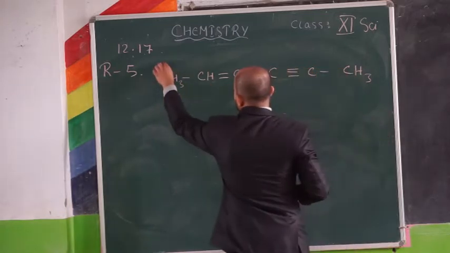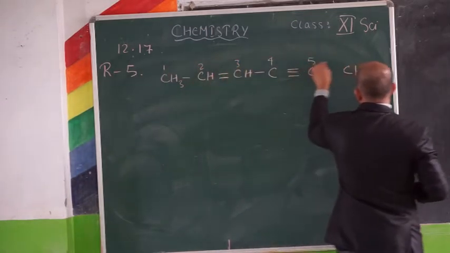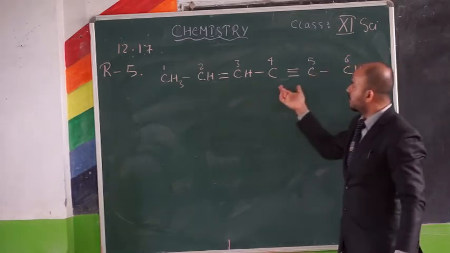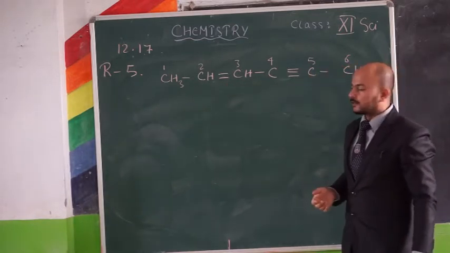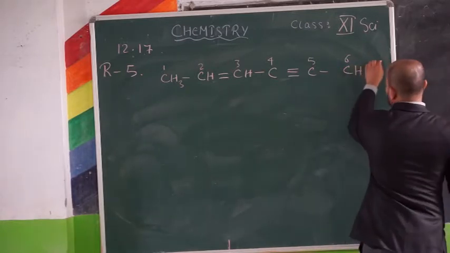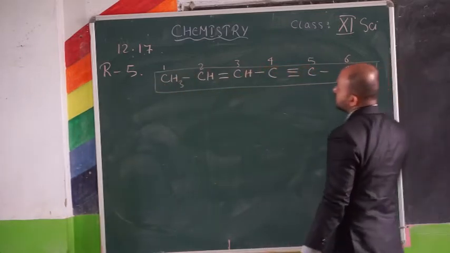So the numbering will be 1, 2, 3, 4, 5, 6. Okay, so this is the numbering order for this particular compound. Now, this is our longest continuous carbon chain. This one, 6 carbons are there.